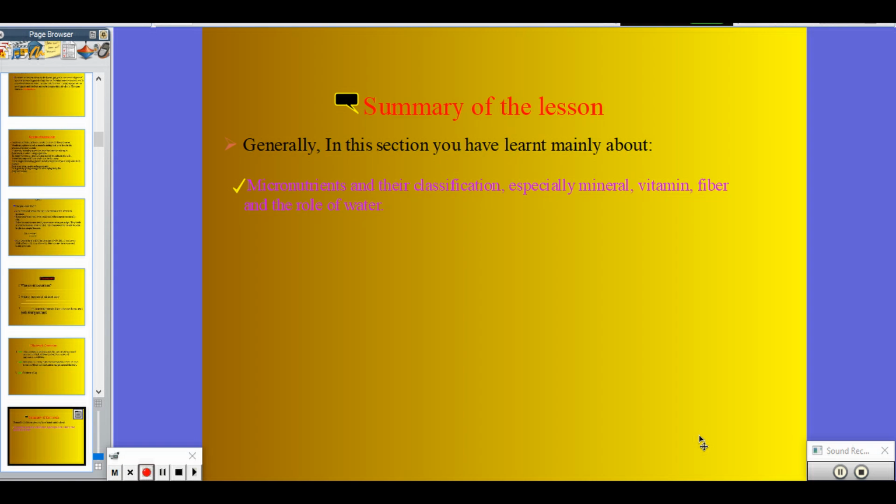Later we discussed fiber. Fiber, or roughage, in other words cellulose, is part of a balanced diet. Roughage does not cause obesity even if eaten in large amounts.